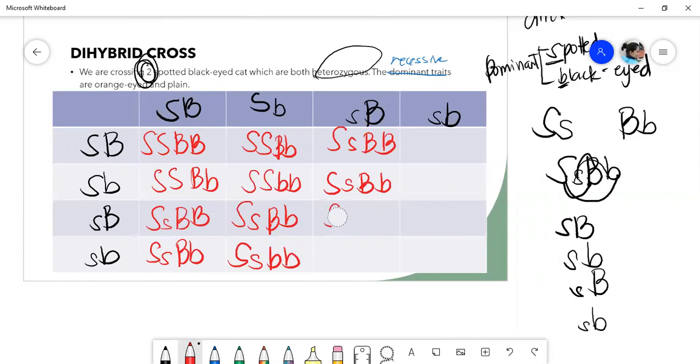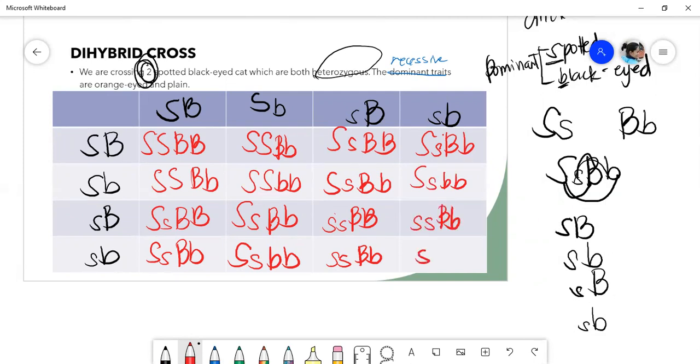So we have SSBB, then another SSBB. Next, SSBB, then SSBB. Okay? So that's for your offspring. If you got all of these, it means you are on the right track. But if not, it means you made a mistake.